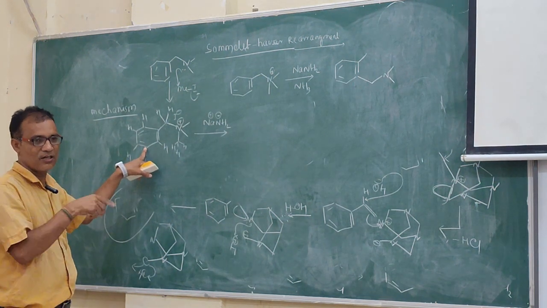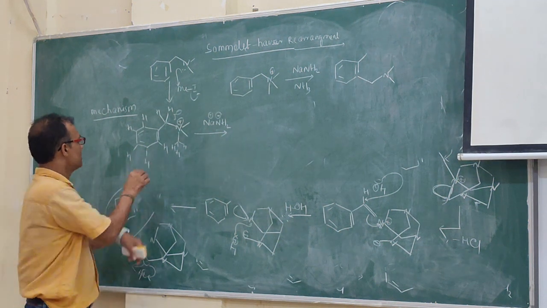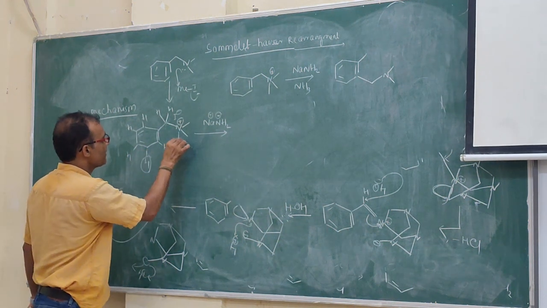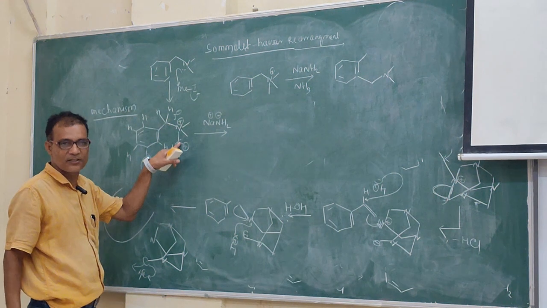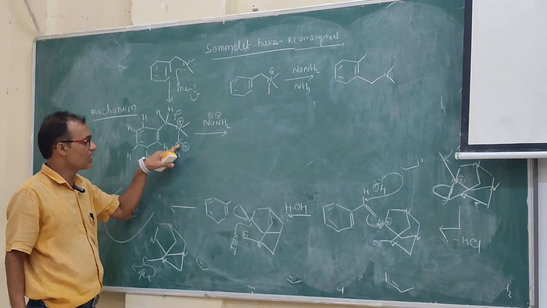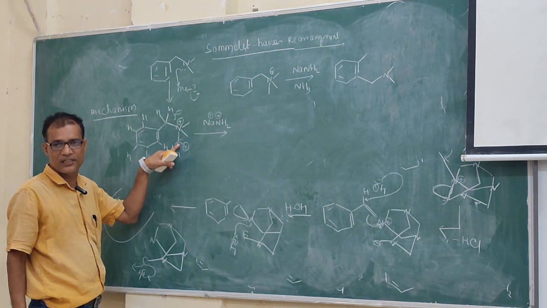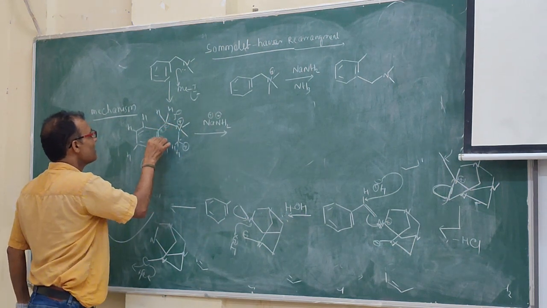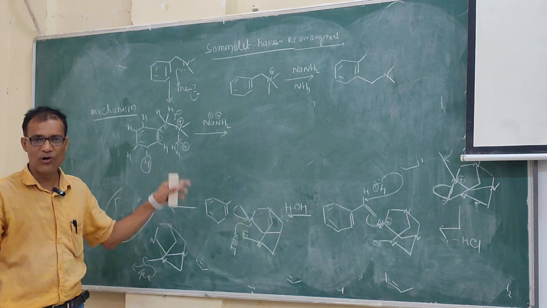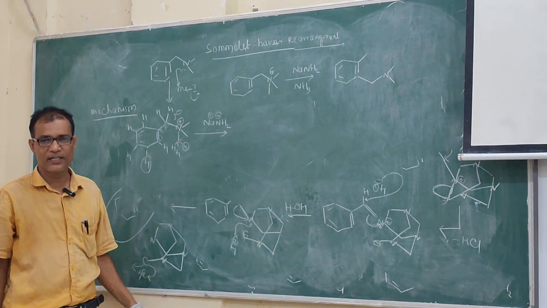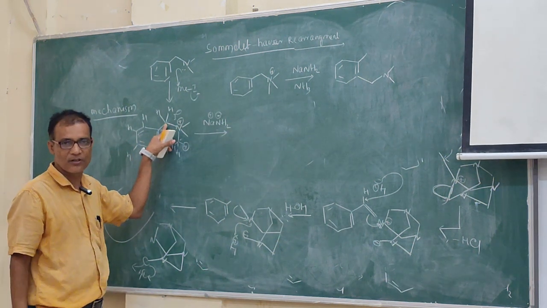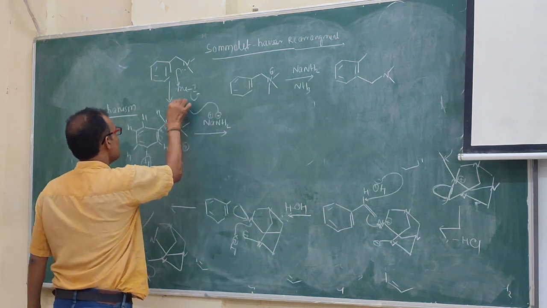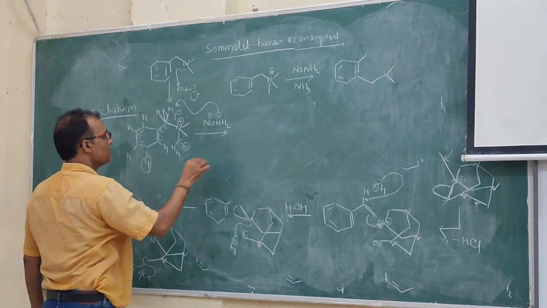Okay, so this is not possible. Then this is also minus, but this is not stabilized. If it takes the proton, this carbon will be minus, but it is not stable because there is no resonance. But if it takes this, then this will be stabilized. Am I correct? That means out of the 3 protons available here, it will take this benzylic proton. Okay, so now this takes this, it's deposited here.